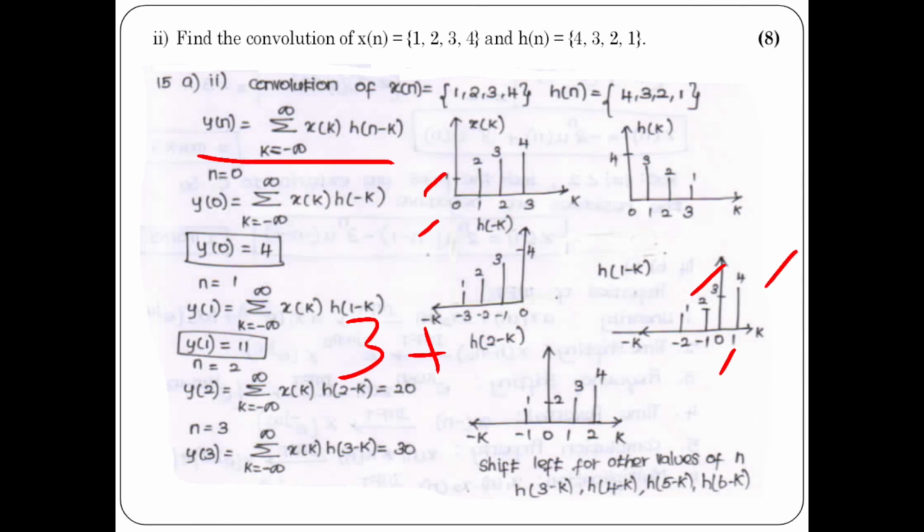Next, for n equal to 2, multiply x of k as well as h of 2 minus k.